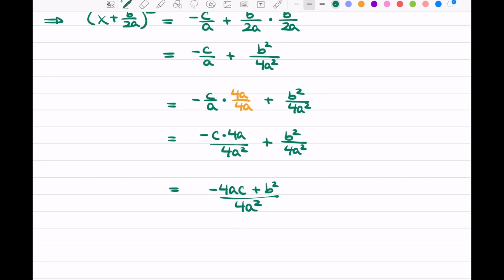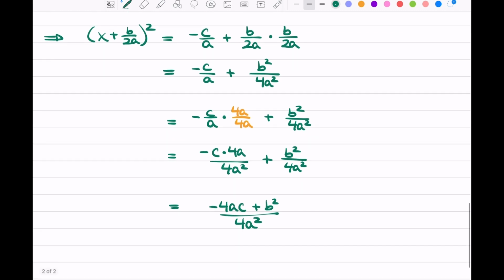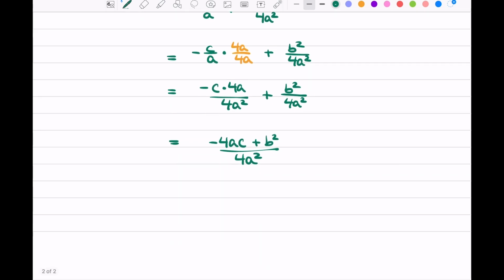Again, we were just rewriting the right side. We still have the left side to work with, so how about we bring that down, that x plus b over 2a squared. So we'll have our x plus b over 2a squared is equal to, and on the right side we have our fraction. We'll rewrite the numerator as b squared minus 4ac, and all of that is over 4a squared.